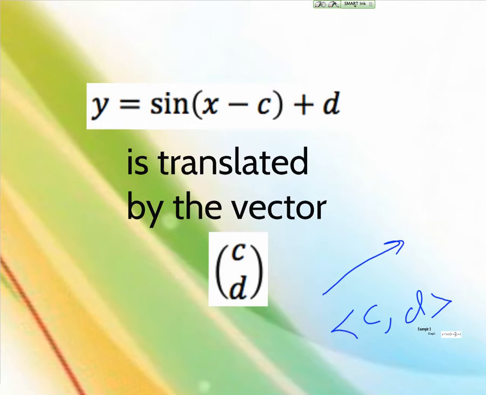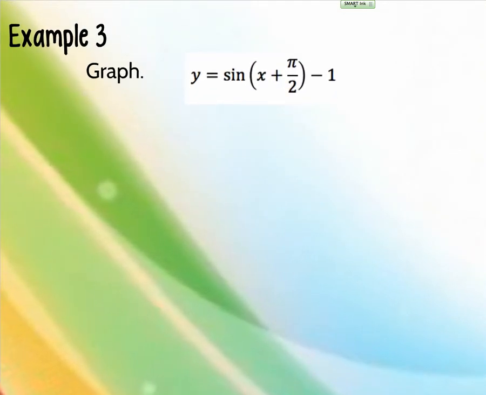Okay. So let's try graphing one where we have to do both things at once. So we're going to graph y equals sine of x plus pi over 2 minus 1.